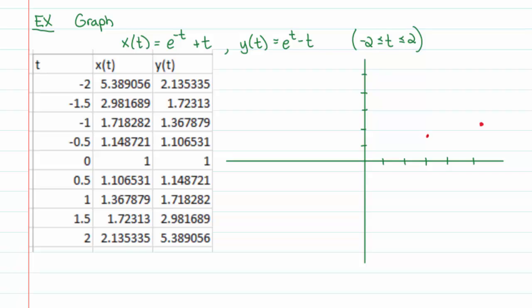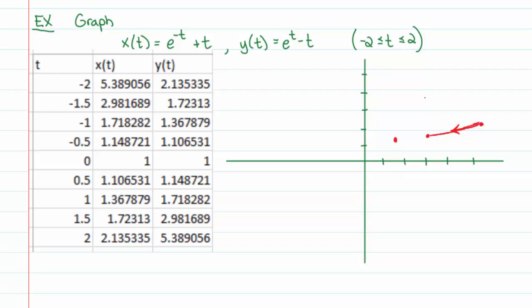Again, right around there. A little bit hard to get that in there. And then 1.7, comma 1.4, maybe around here. And 1.1, 1.1. So this showcases something kind of interesting: if you imagine this as a particle, between time -2 and time -1.5, it went this full first long distance.